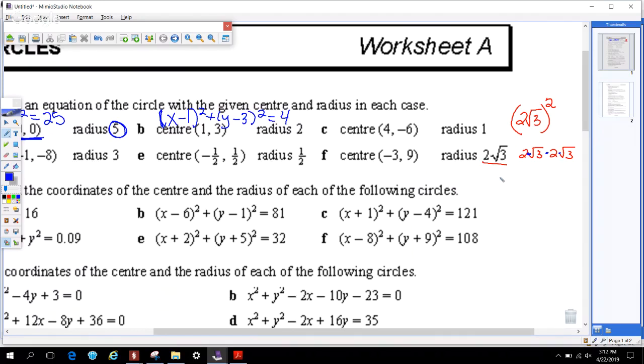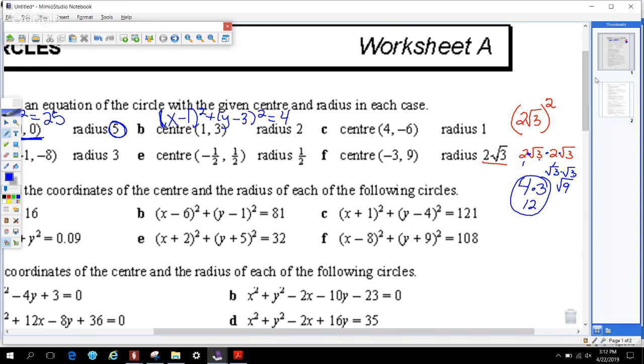I'm going way more extra than you need. Here I've got 2 and 2. 2 times 2 is what? 4. And then here I've got the square root of 3 times the square root of 3. Well, when I do that, I get the square root of 9. But what's the square root of 9? 3. So the answer is 12.